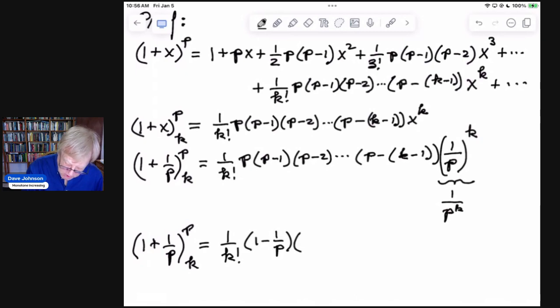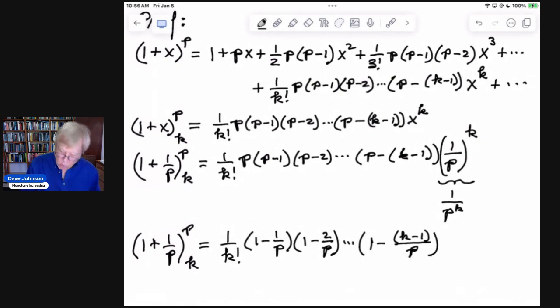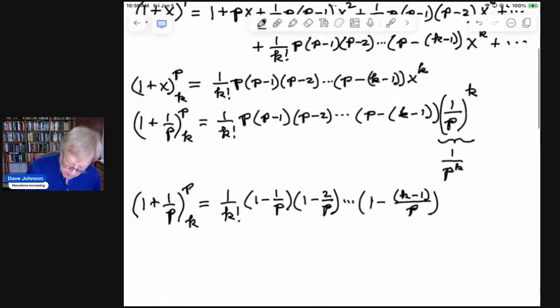The p minus 2 divided by p gives us 1 minus 2 over p. Dot, dot, dot. I think you guys see where this is going. 1 minus, and then k minus 1 over p. And the 1 divided by p raised to the k, well, that got used in dividing out all those terms. Okay, cool.